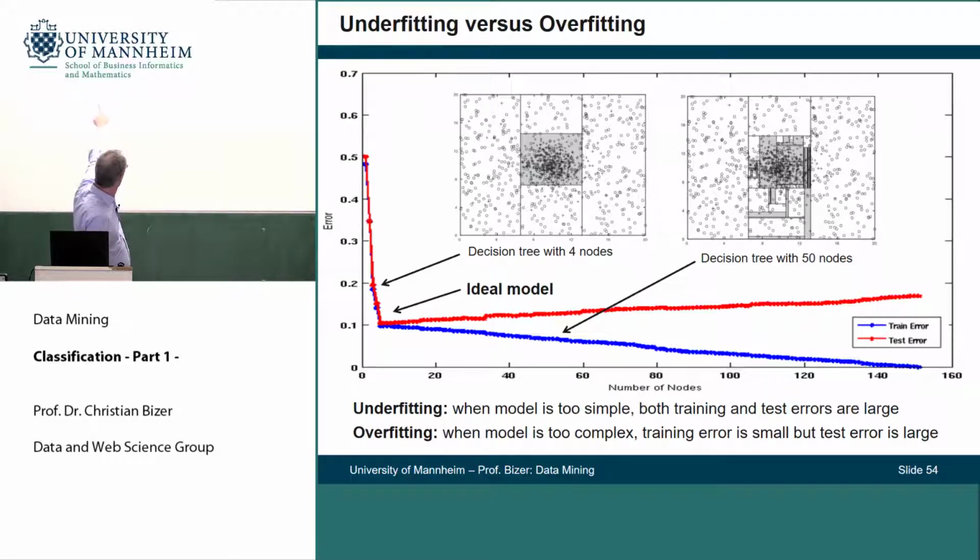What we want is the ideal model, so we want the size of the model to be in a way that the training and test error are low, but still we don't have a high difference between the training and the test error. So ideal point is this sweet spot value. Training and test error are rather low but similar.